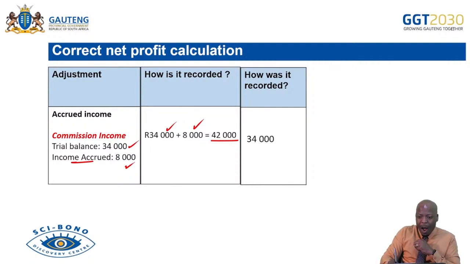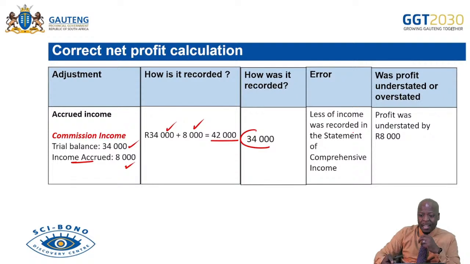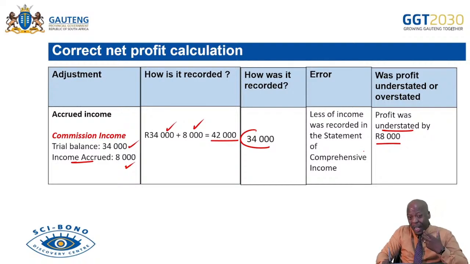However, it was recorded as 34,000. You can see here, we've recorded less income in this case. All right. So less income was recorded in the statement of comprehensive income. So if we have less income, how does it affect our profits? Our profits will be understated by that 8,000 because it was supposed to be recorded. Now it was not recorded.